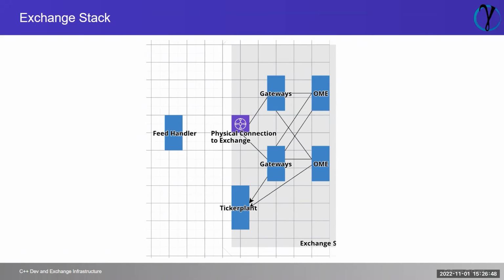Gateways, right? And then you would connect to the gateway with a physical connection to the exchange, in that same data center. And then you route it to your HFT side, which has a feed handler and all that stuff, right? So the feed handler on the HFT side, you connect in that purple square, connect to the gateway. Gateway then sends a message to the correct OME or something like that, right?